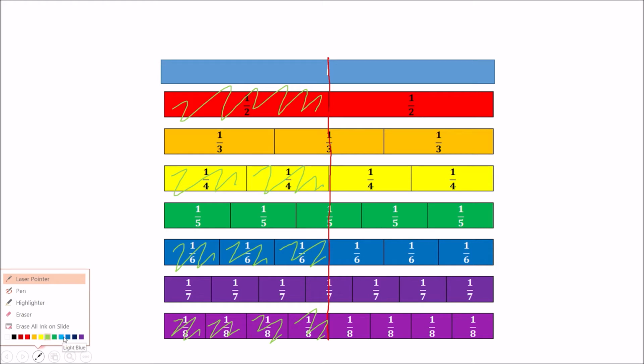If you have a look down the thirds column, so this third here, if we just keep this line going straight down, you'll see that this third here is equivalent to 2/6, because it's the same size bar, they have the same value. If I had 2/6 of a piece of cake, I would have had the same amount as if I'd had a third of a cake.